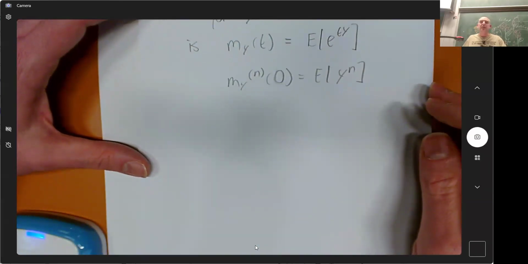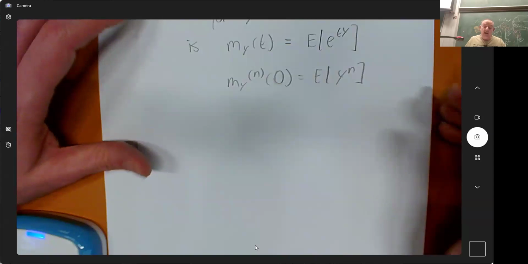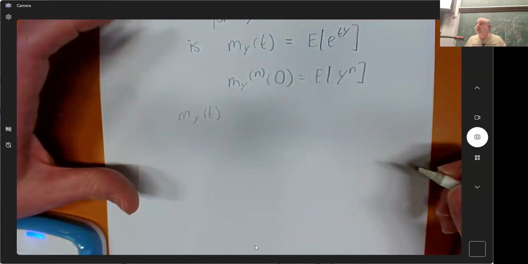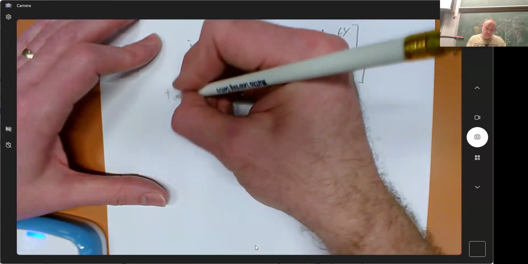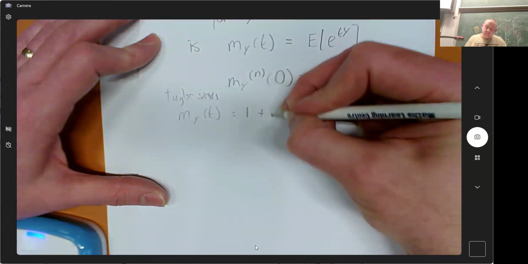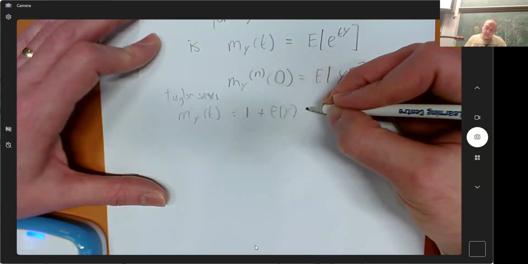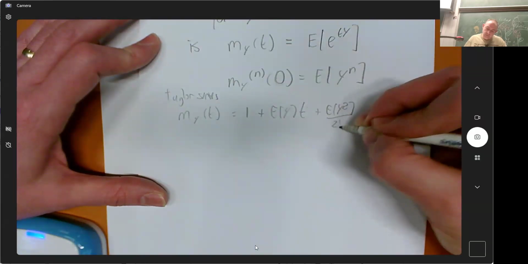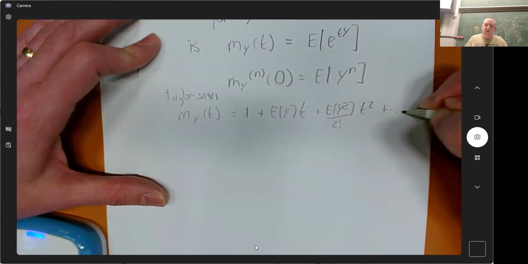But it has the secret extra property that I didn't tell you explicitly, which is that the Taylor series for it at 0 looks like that.